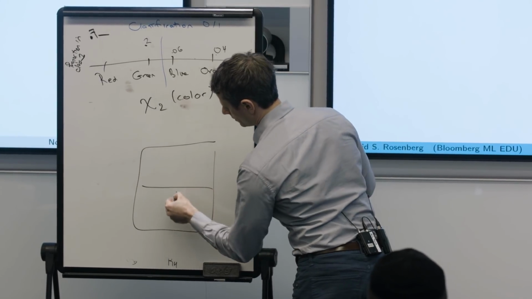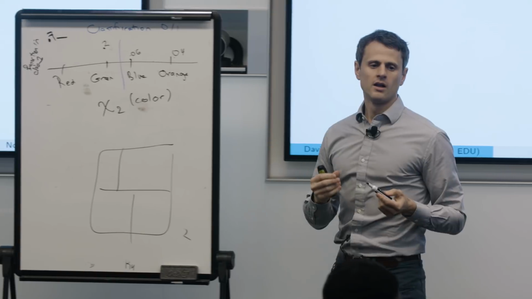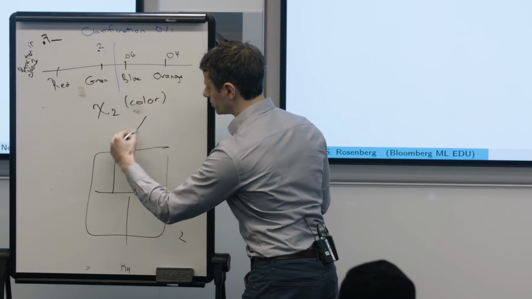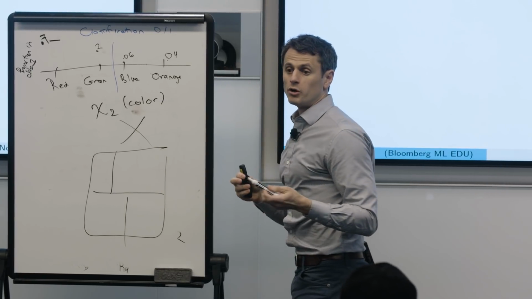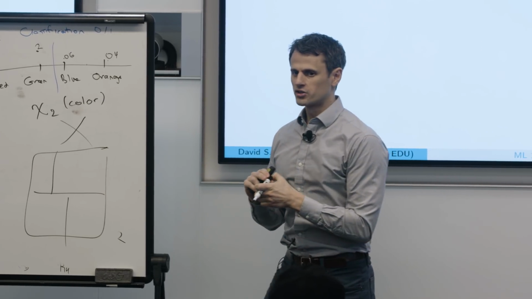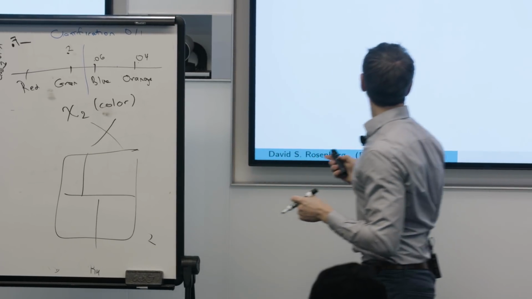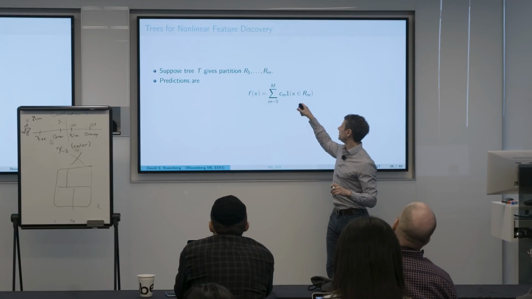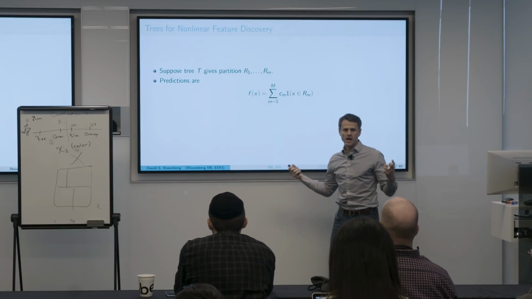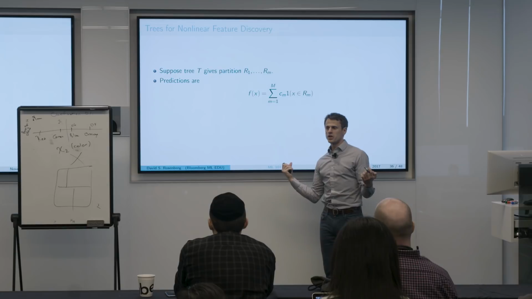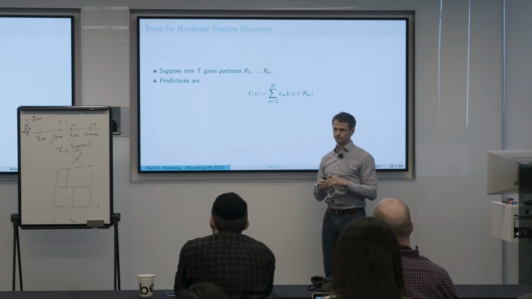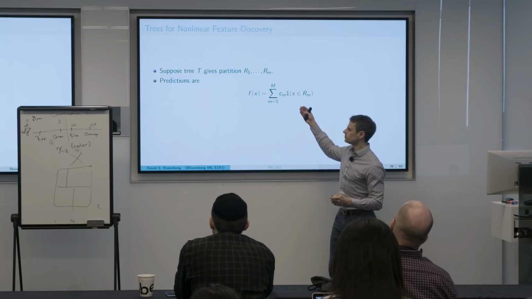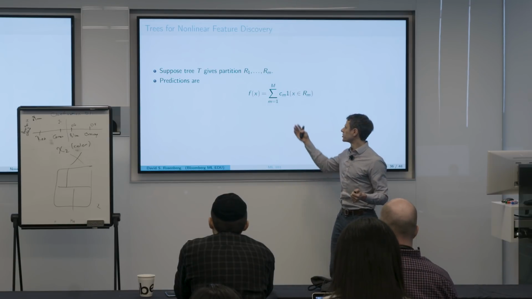And this square represents input space X. What you could do is make a new feature for each of these regions. I think I wrote that down here. So the indicator that an input x is in region m could be a feature that you use in another model. So imagine you wanted to make prediction functions of this form.